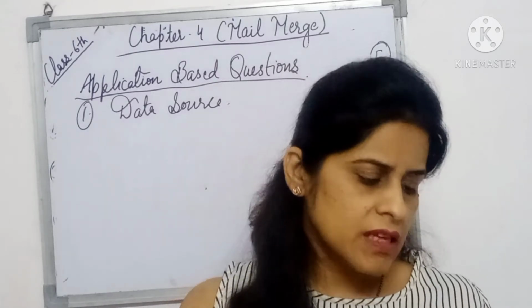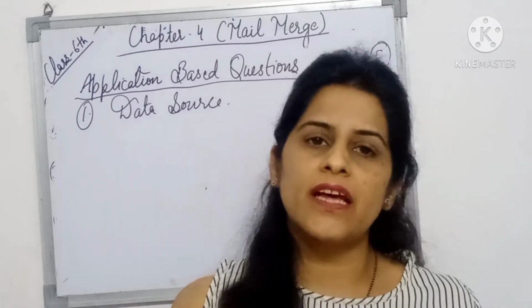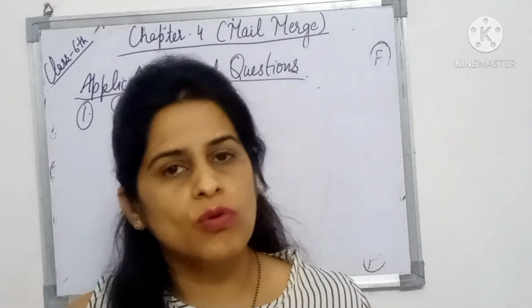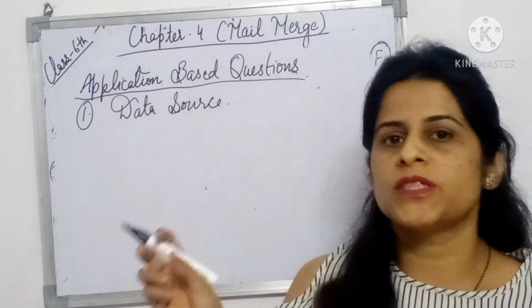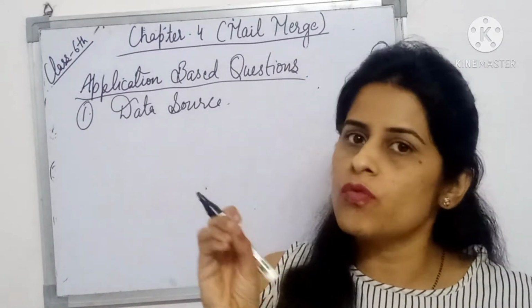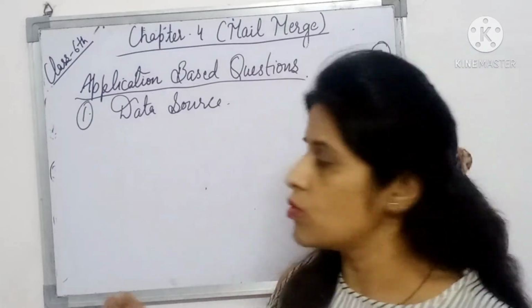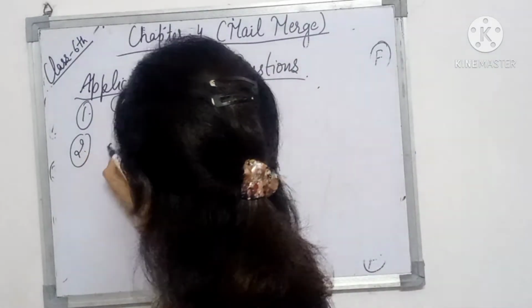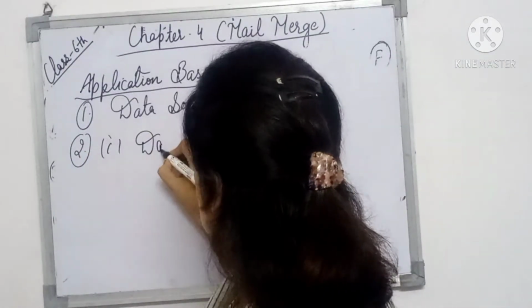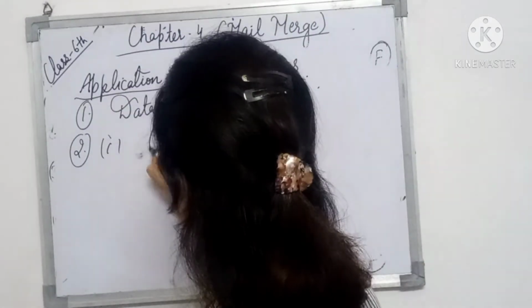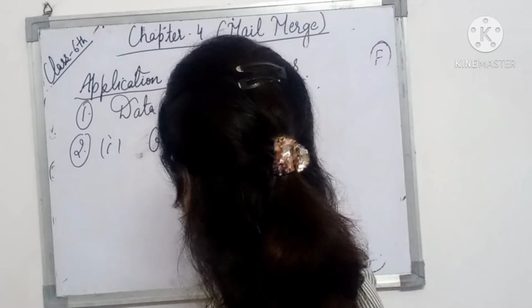Which among the given options is used to create a new data source? Whenever you want to create a data source, there is the create option. Whenever you click on this create option, then you can create a new data source. Then the first answer is the create option.